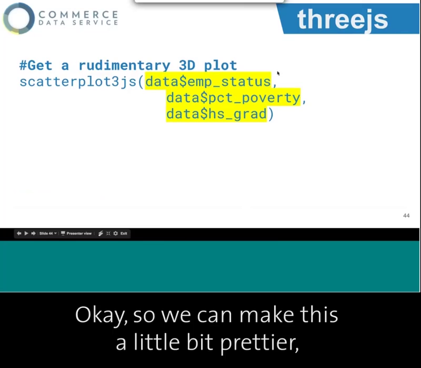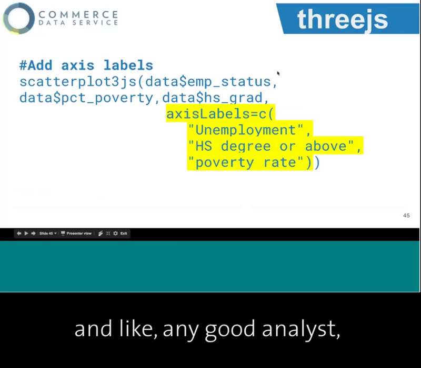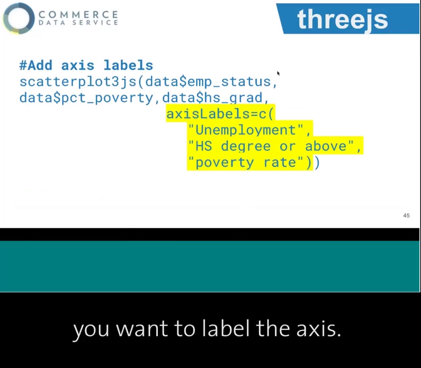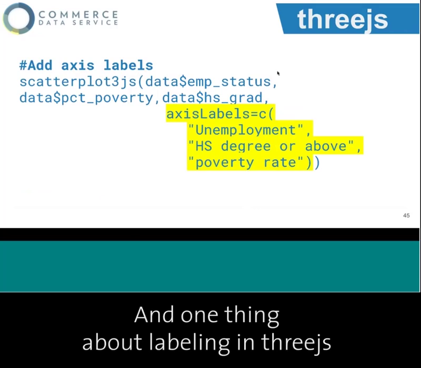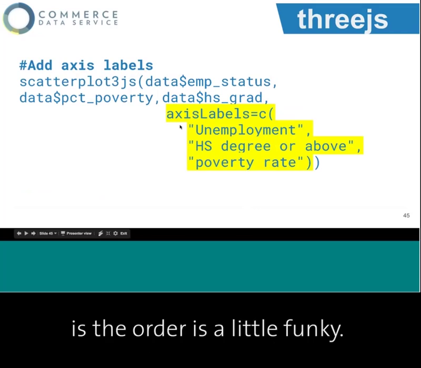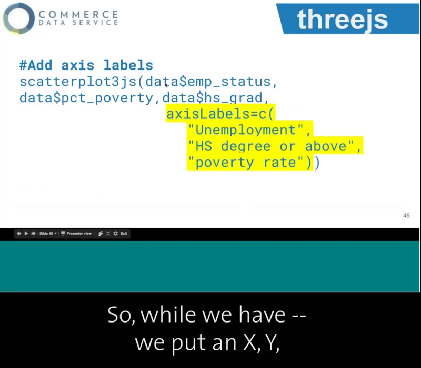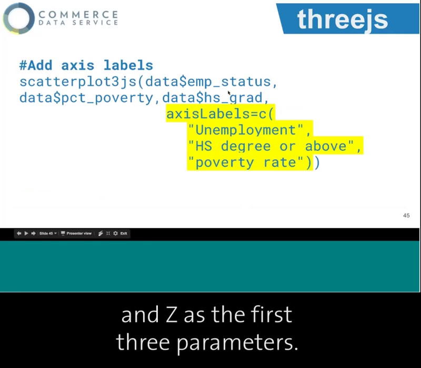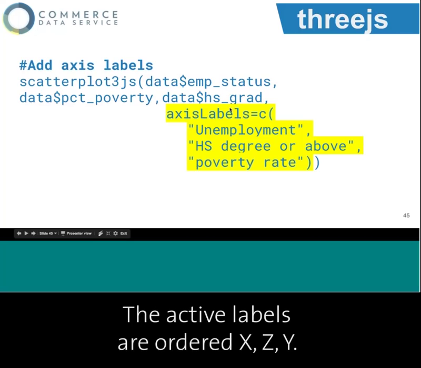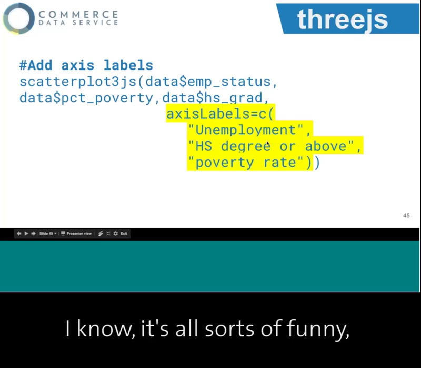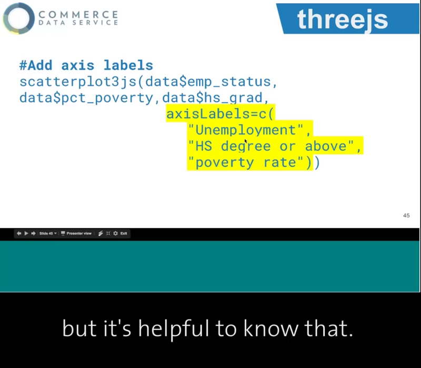Okay, so let's make this a little bit prettier. And like any good analyst, you want to label your axes. One thing about labeling in three.js is the order is a little funky. While we put x, y, and z as the first three parameters, the axis labels are ordered x, z, y. I know, it's all sorts of funny, but it's helpful to know that.